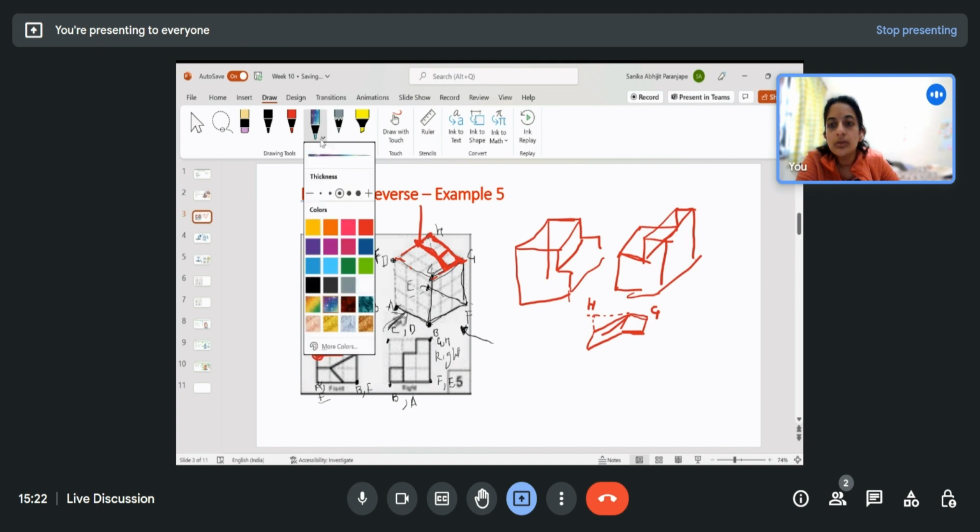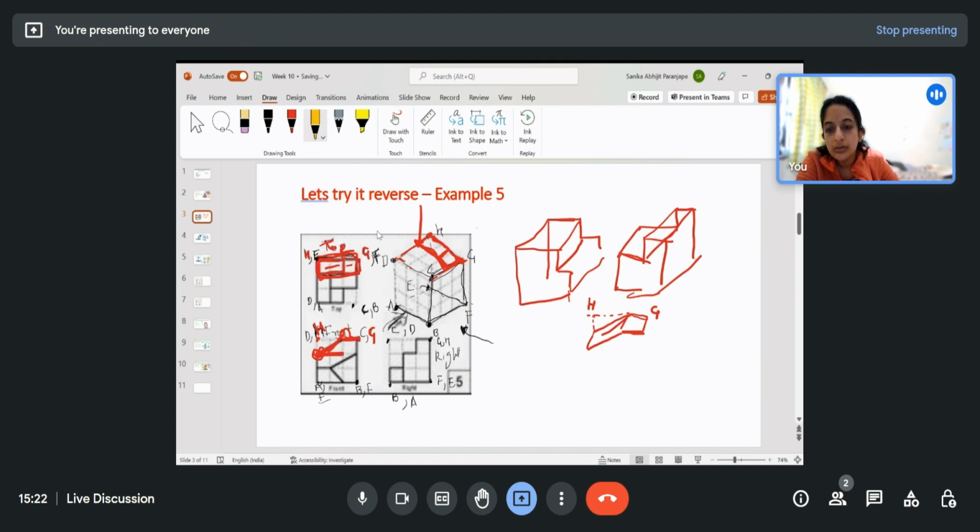So to locate that point in the isometric projection, I can only trace along the isometric axis, that is this axis, or the vertical axis. So here these axes are this axis, and this axis.